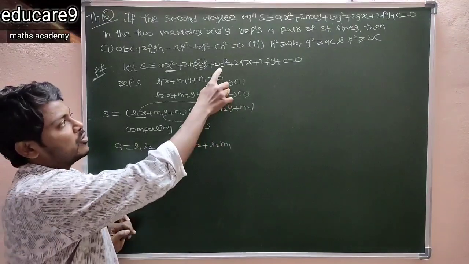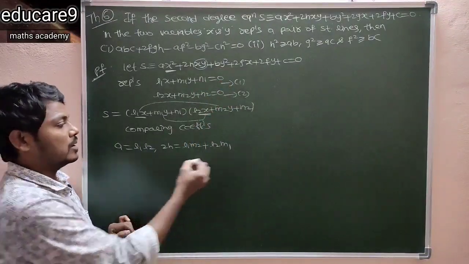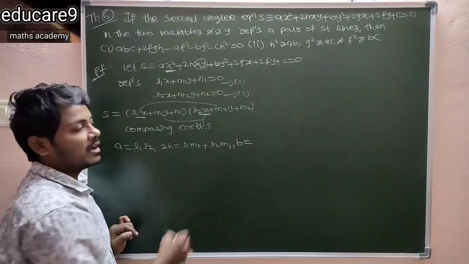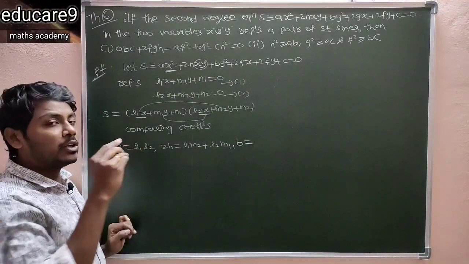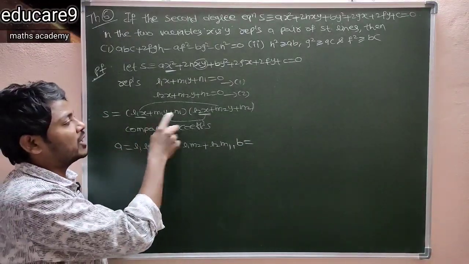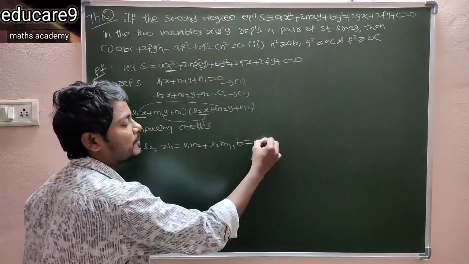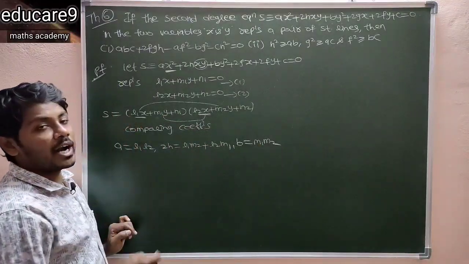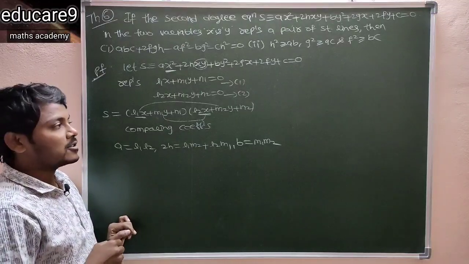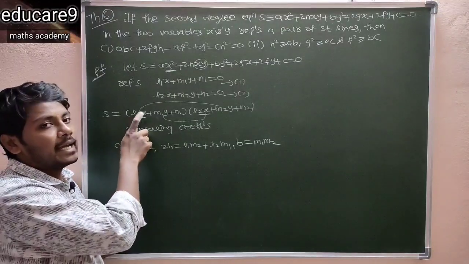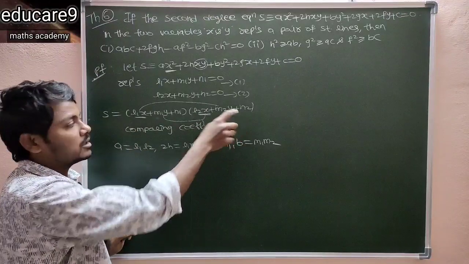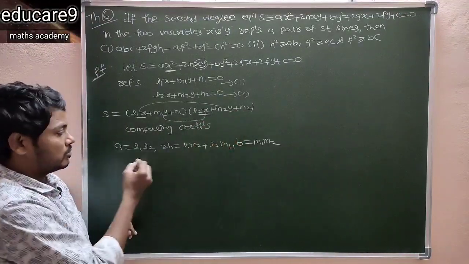Next the y square coefficient, b on LHS. On RHS, if you multiply two y's, here M1y, here M2y, multiplying these two gives M1, M2. Next you want the x coefficient. For that, here you have to take the x coefficient, here the constant. So that is L1, N2.